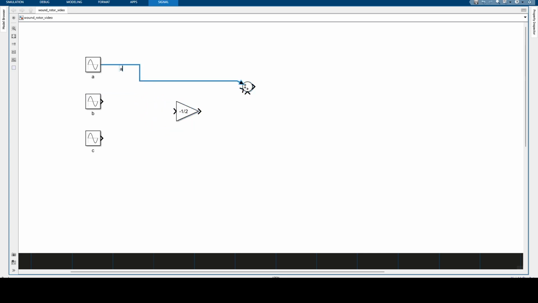This is our signal A, this is our signal B, and this is our signal C. Okay, and we're gonna have that our alpha component is A minus 1 half B minus 1 half C, and this is gonna be our Vs alpha.